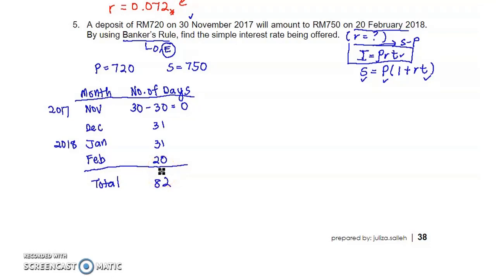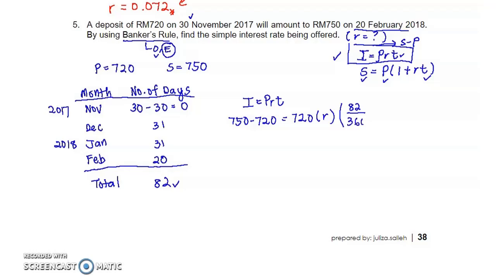Okay, now how to find the rate of simple interest? Okay, as I said just now, to avoid complexity, we use I equals to PRT. So interest 750 minus 720 equal to 720 times R times T. Okay, T just now, exact number of days, 82 divided by, okay, Banker's rule is using ordinary simple interest.